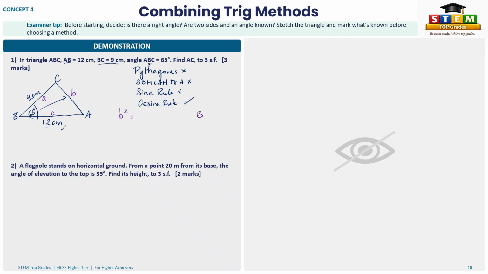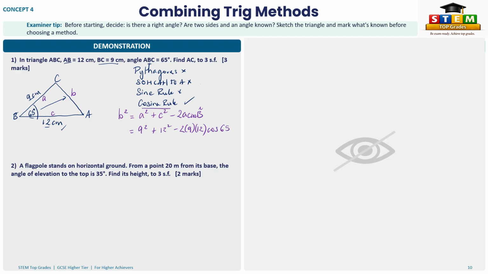So now how about the other two letters? a squared and c squared minus double AC, and then you're going to write cos before the angle B. So we're looking at cos B. So a squared, that's going to be 9 squared plus 12 squared minus double 9 and 12, and then cos of 65.